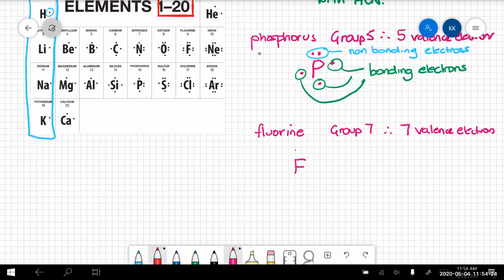So again, we're going to start at the top, 1 to the side, 2, 3, 4, 5, 6, 7. You can see that fluorine has 3 pairs, 3 non-bonding pairs. And it has 1 bonding electron.